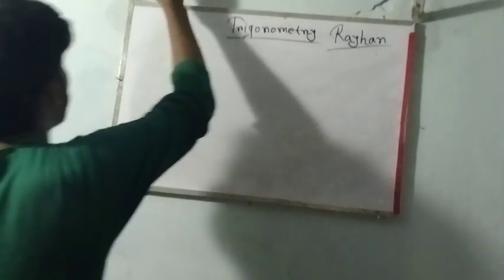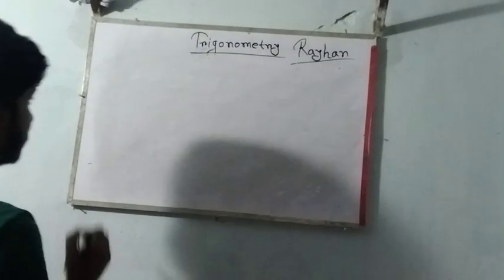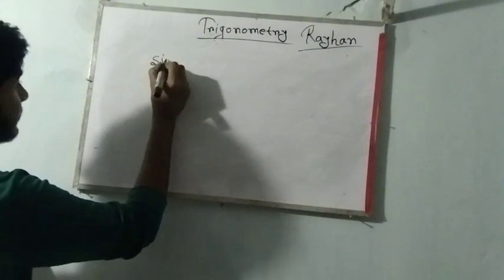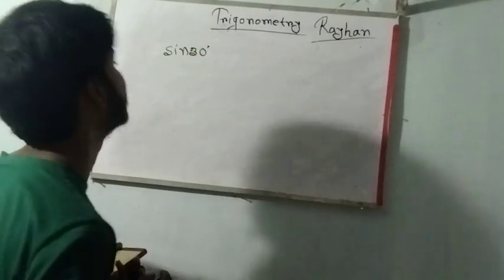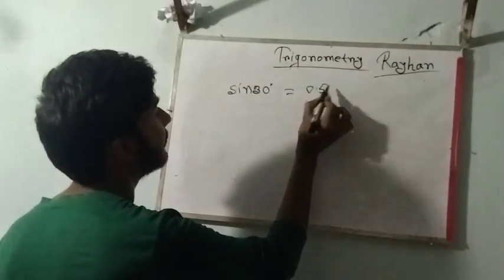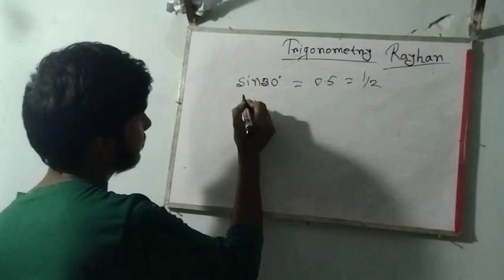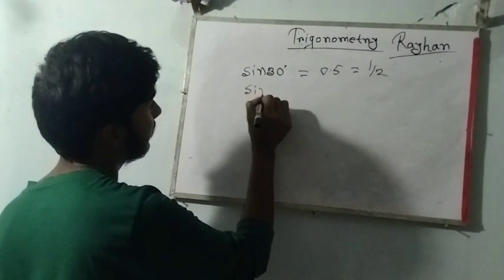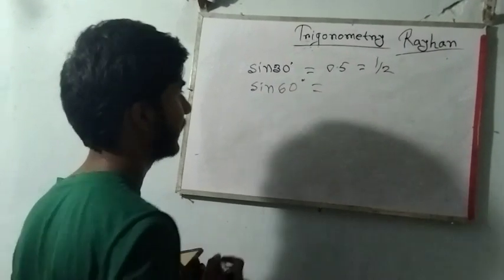Now we have to know the values of some ratios like sine 30 degree. What will be the value of sine 30 degree? The value of sine 30 degree will be 0.5. That means 1 by 2. And what will be the value of sine 60?